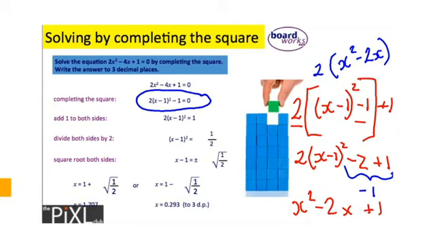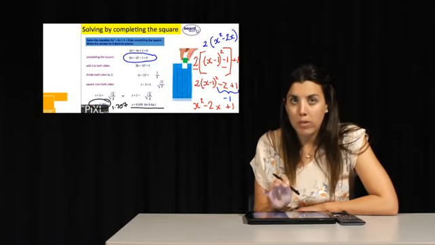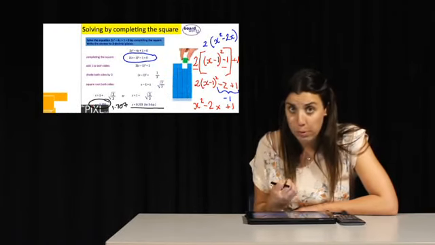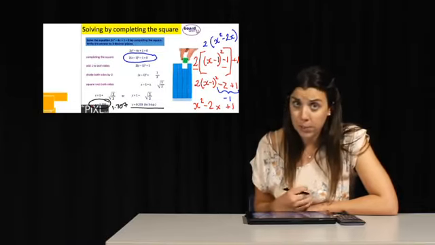So our first answer we have here is x equals 1.707 to 3 decimal places, and our second answer here, x equals 0.293 to 3 decimal places. So once again here, we haven't just completed the square, we've completed the square and solved to be able to find our two values for x for this particular quadratic.